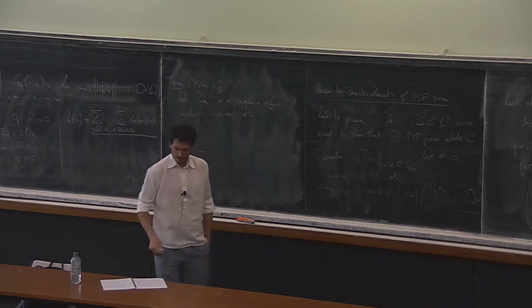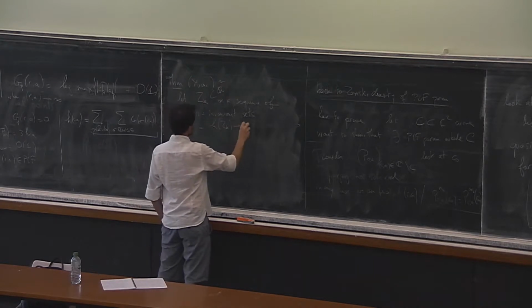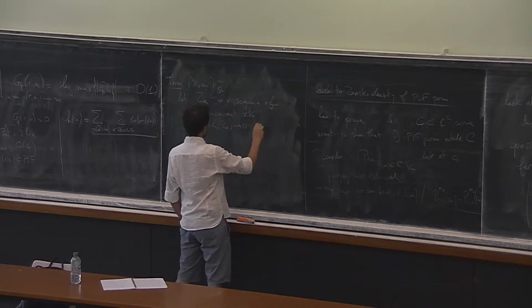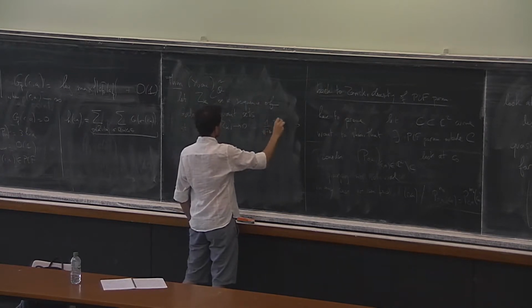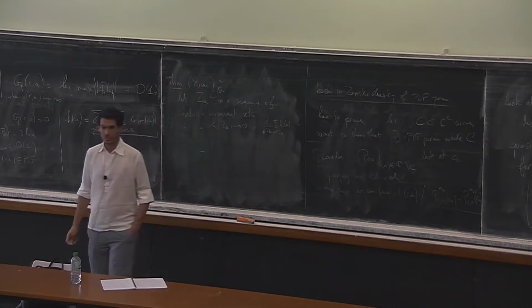The height goes to 0. So the height of Zk goes to 0. This height is the average height, 1 over the cardinality of Zk, sum of h of x for x in Zk. So the height must go to 0.